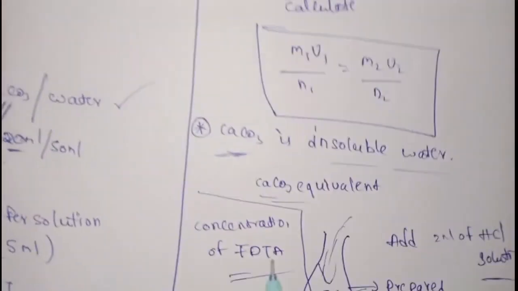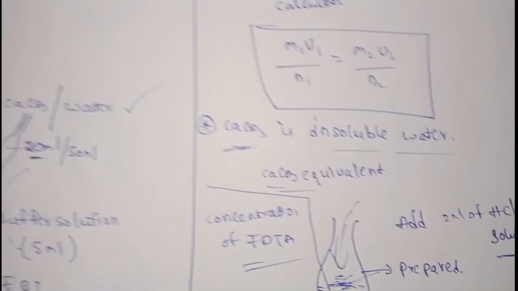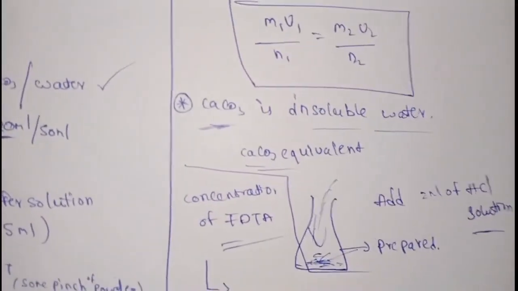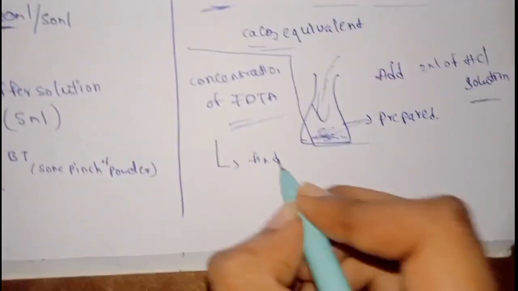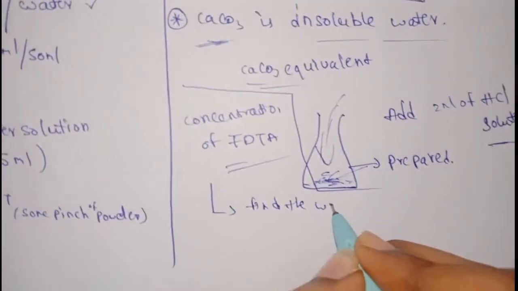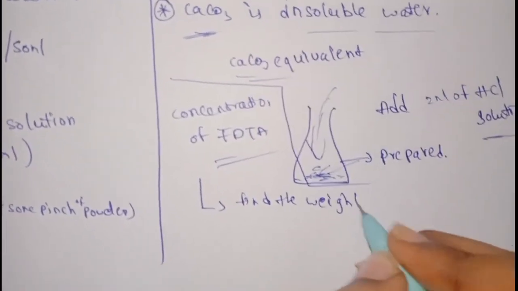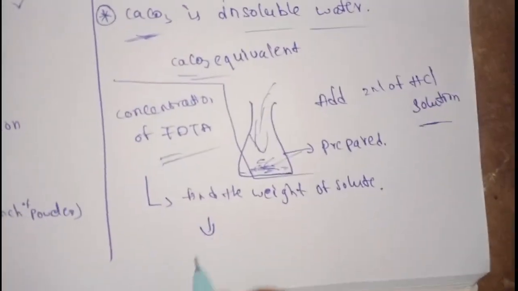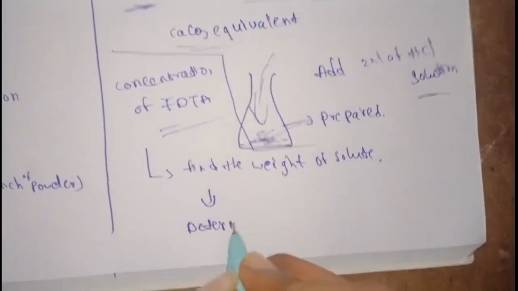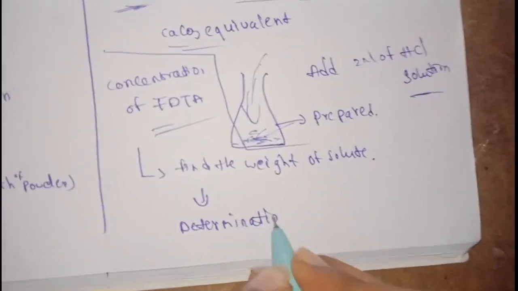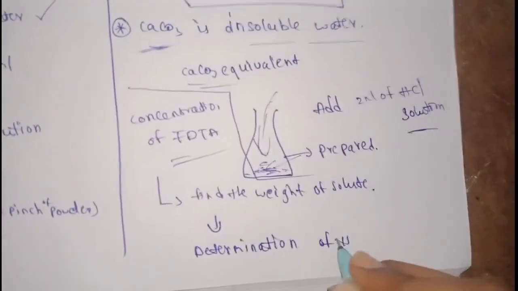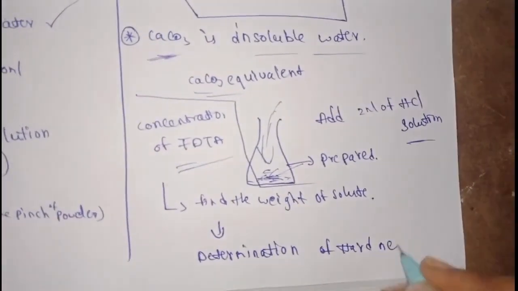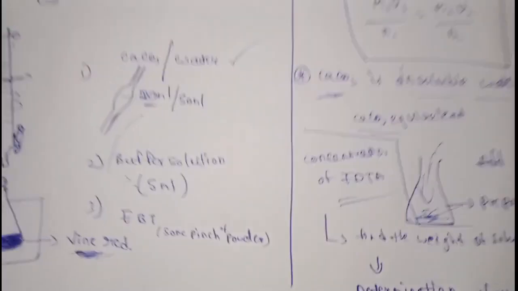After getting the concentration of EDTA by titration, we find the weight of the solute, and then finally the determination of hardness. So this is the process. Hope you will like it.